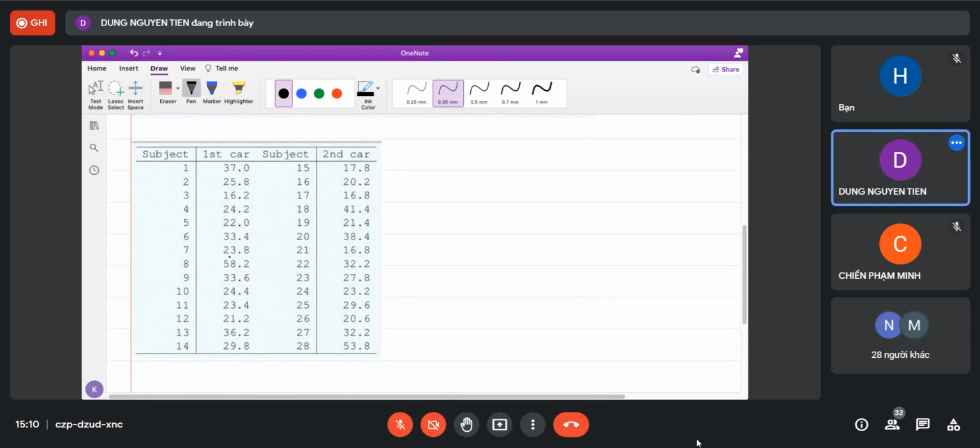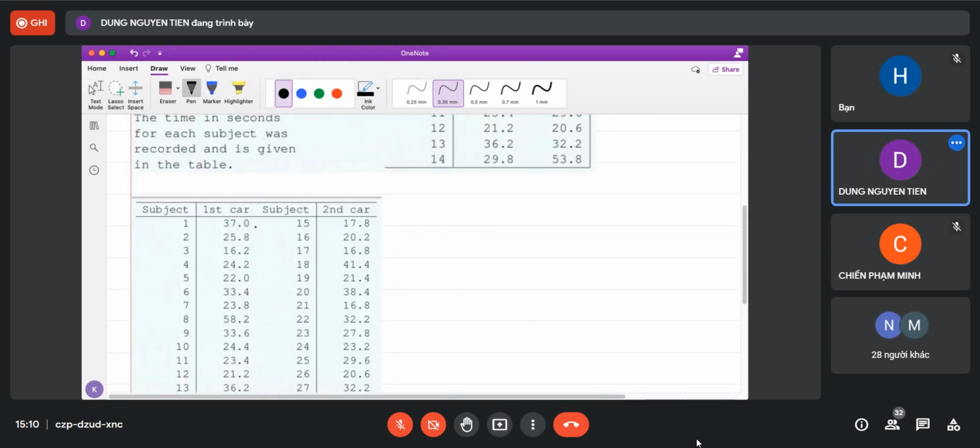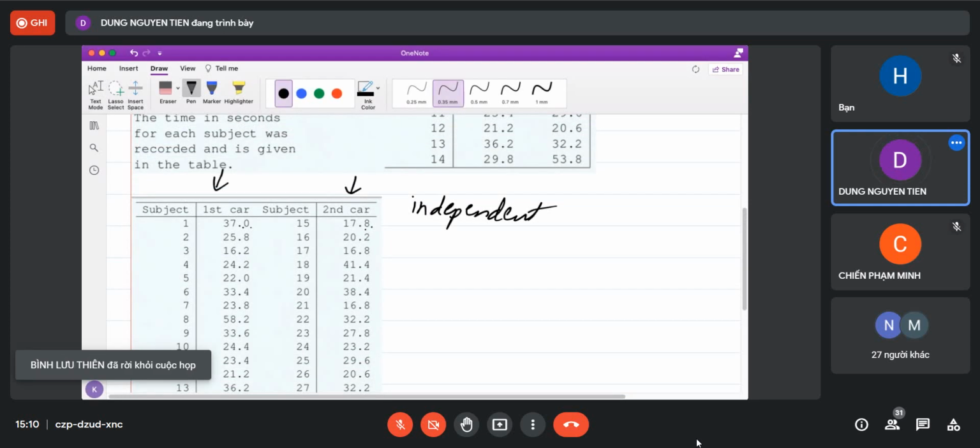And there are 28 observations here. So you see that there is no relation between these two numbers, right? And you have two samples again, but these two samples are independent. Do you understand? That's all clear, everybody? The two samples are independent. Is it okay?